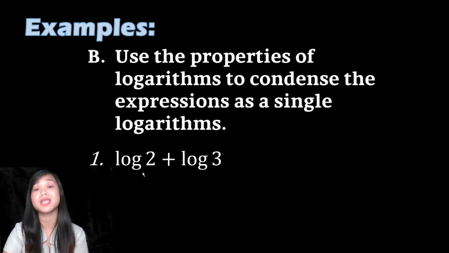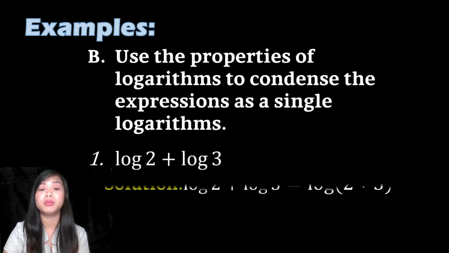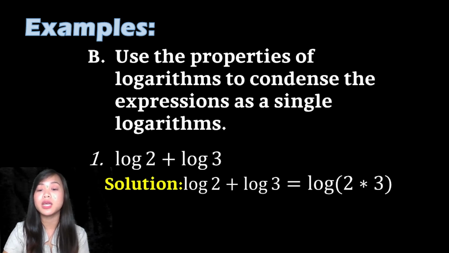The base here, again, is 10 since we do not write it, so this is a common logarithm. When we write it as a single logarithm, it will become log 2 times 3. That is the product rule, because we have plus here and the same base.